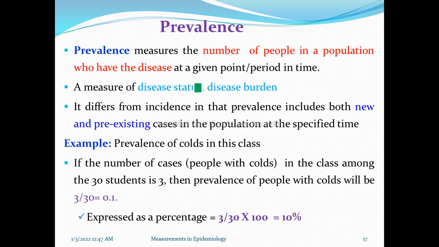Now we will see prevalence. Prevalence measures the number of people in the population who have a disease at a given point or period in time.